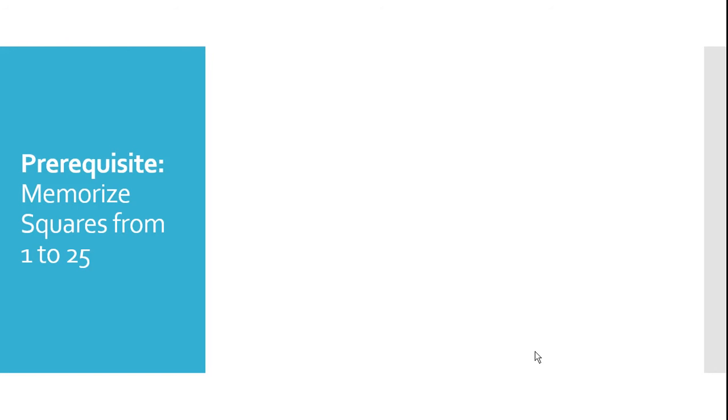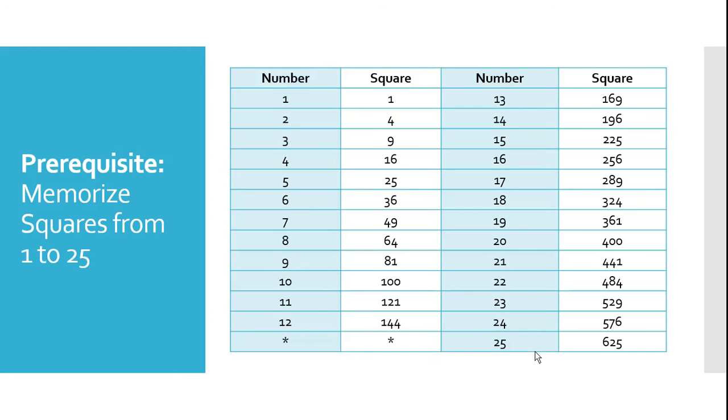But before moving to the example, let me tell you that to use this method, there is a small prerequisite: you need to memorize squares from 1 to 25. For your reference, I have given a table here which shows the squares of numbers ranging from 1 to 25. Here, if you see, the square of 2 is 4, the square of 3 is 9, and so on.